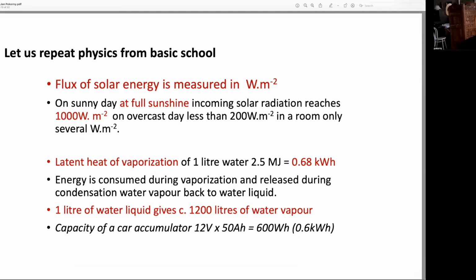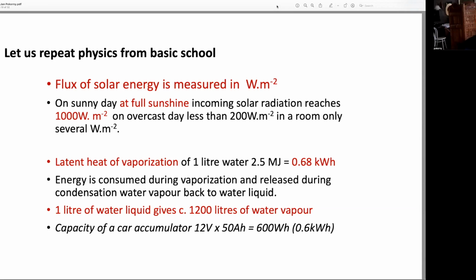And we can understand the basics. So first, the flux of solar energy can be measured in watts per square meter. Second, what we deal with is the latent heat of vaporization. In order to evaporate 1 liter of water, we have to add 2.5 megajoules. In an hour, which is 3,600 seconds, we are getting 0.68 kilowatt hours, which is 0.7 kilowatt hours.